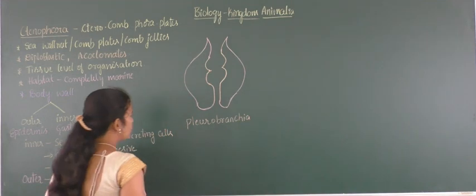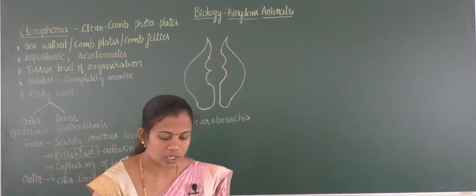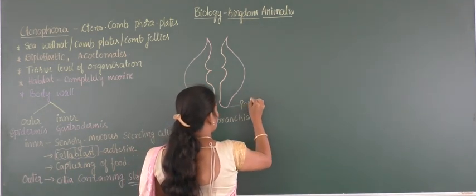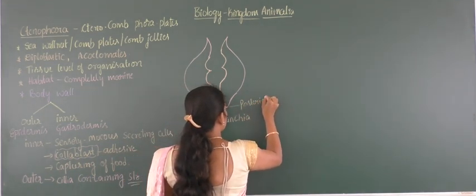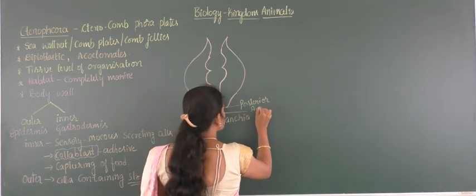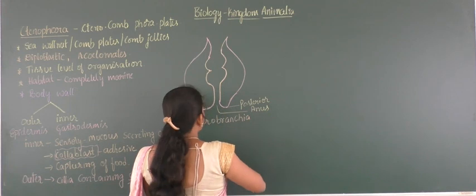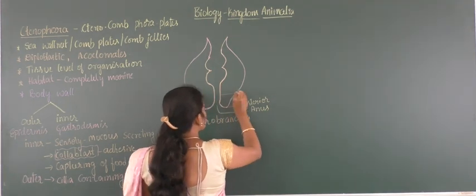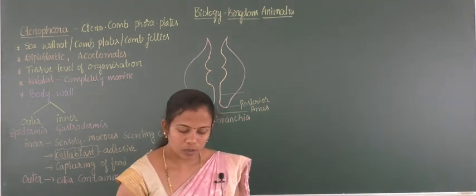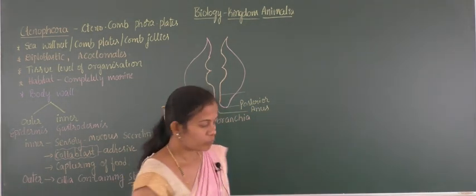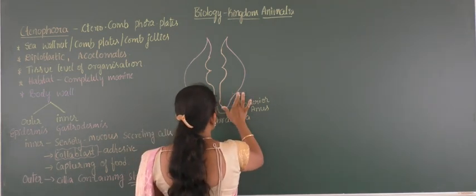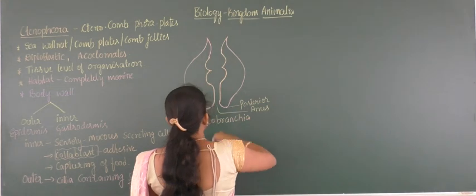Okay? So here you can label the structures again. So this is called the posterior end, and this opening is called the anus. Again after this, a tube-like structure is called the extension of the stomach.